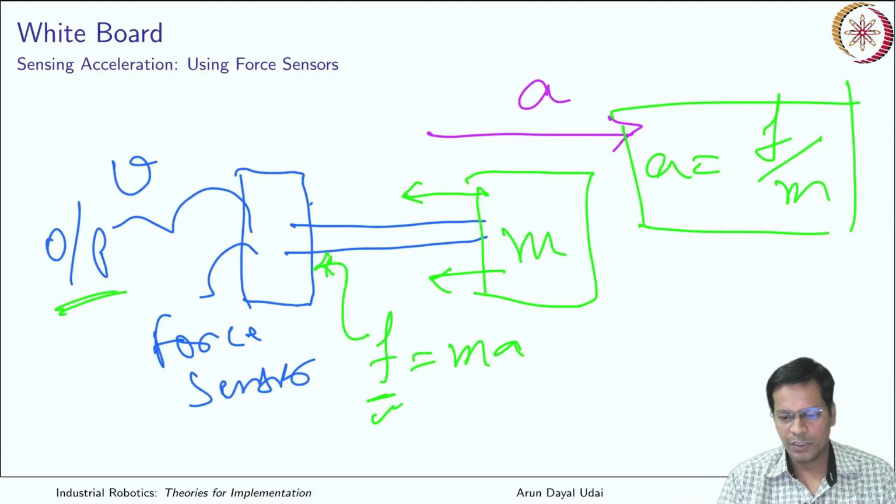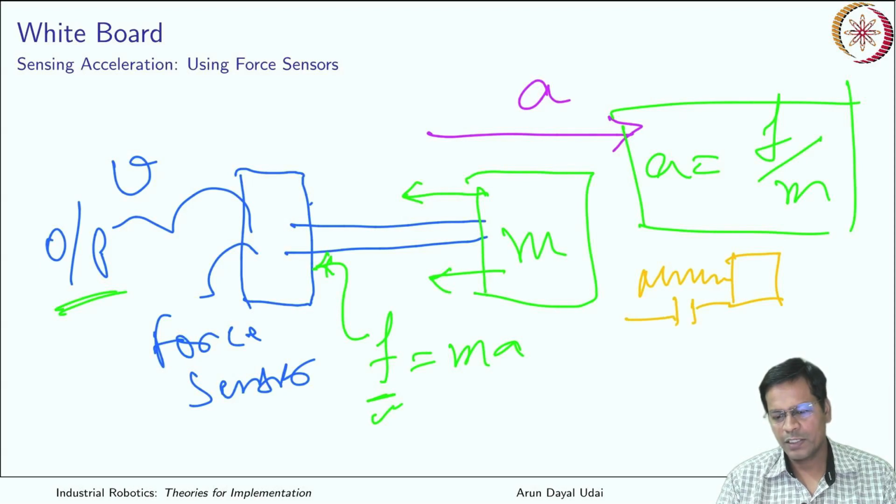Similar is the case if you have a spring. Okay, you have a mass, and maybe you have a sensor here which can measure the displacement. If I make the whole mount move with an acceleration a, this displacement will be reduced.